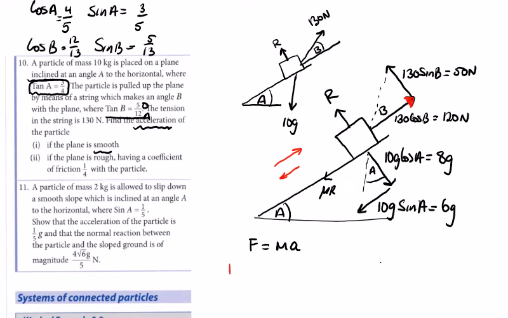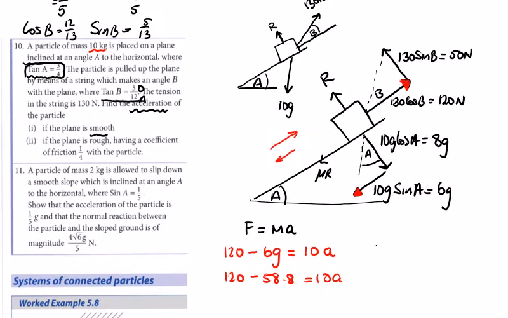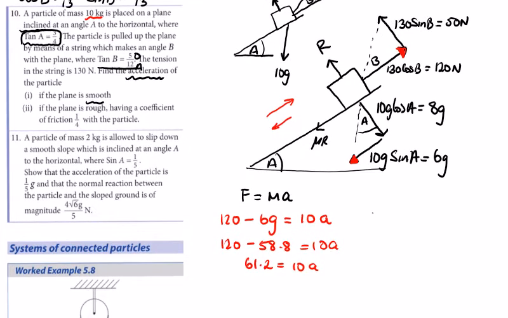So that 120 minus 6g is equal to m, which is 10, times a. So 120 minus 6 times 9.8, 60 minus 1.2 is 58.8. That's 10a, so 61.2 is equal to 10a. So you get my acceleration to be 6.12 meters per second squared.